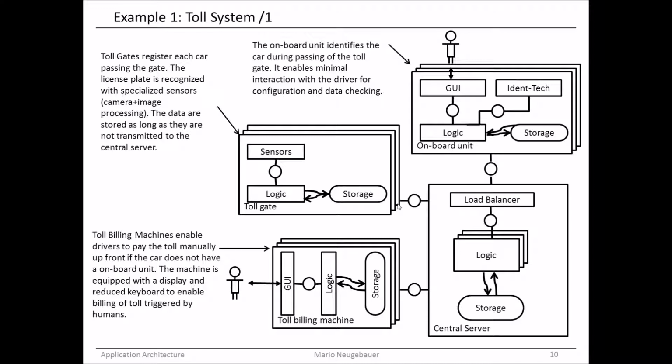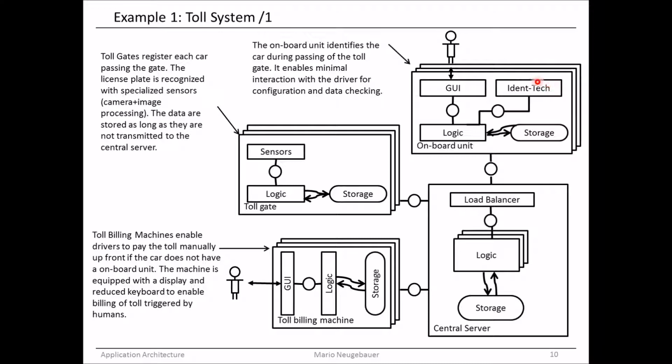The second unit in this application might be a kind of onboard unit. An onboard unit which might be an electronic device, for example, where you have a graphical user interface.